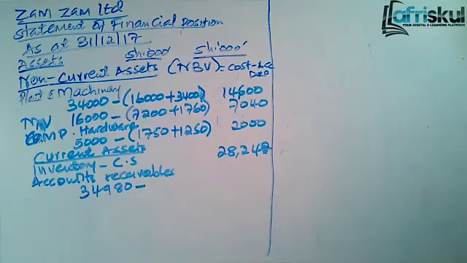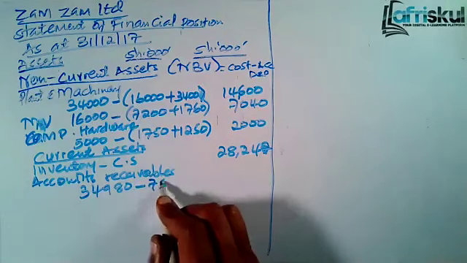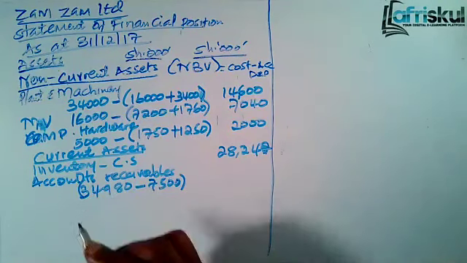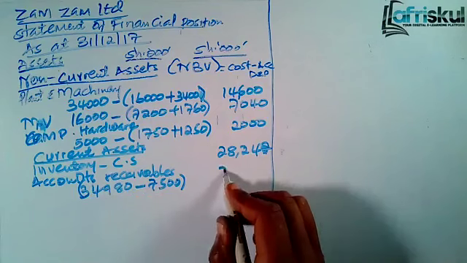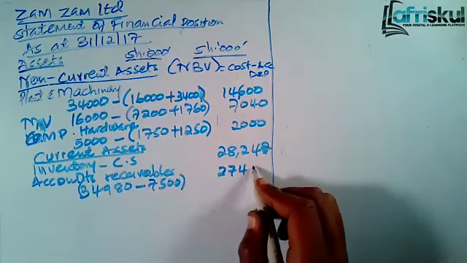Now, when I was computing the allowance for doubtful debts, I said the amount it was increased to, it means that this company is in doubt that this amount will be paid, of 7,500. So in that case, we will less that 7,500. And when I take my calculator, I'm getting 27,480.